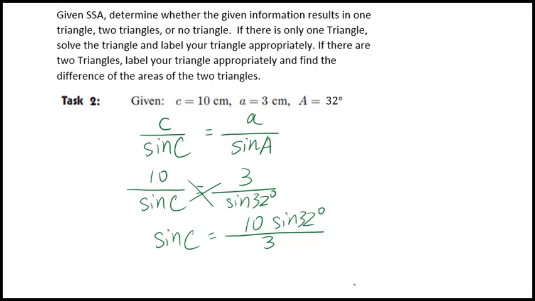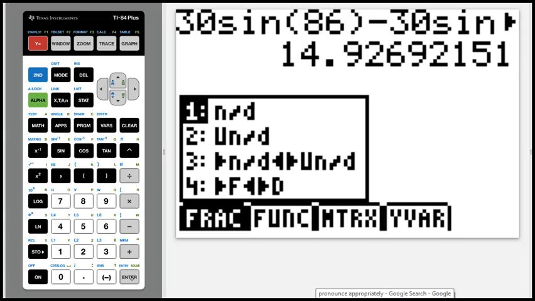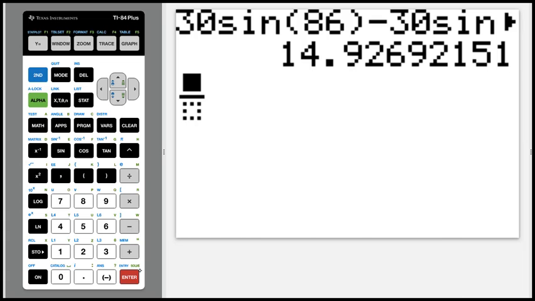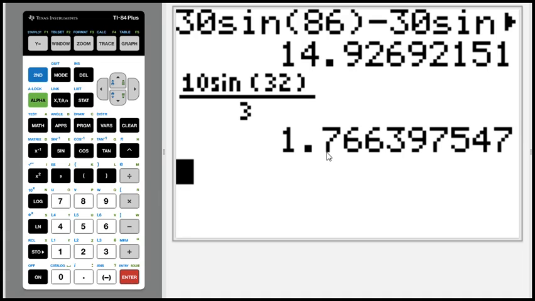We will go to graphing calculator. That is alpha y equals, enter. So 10 times sine 32 degree, then divided by 3, enter.